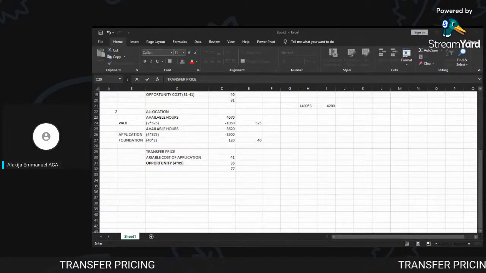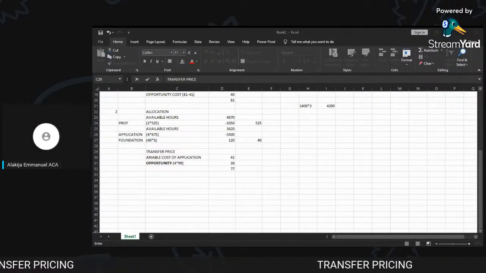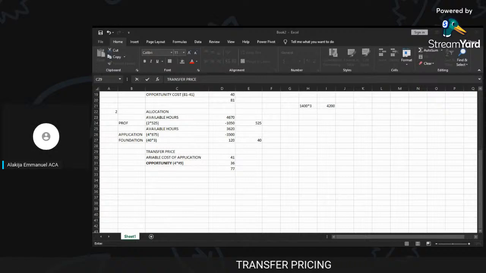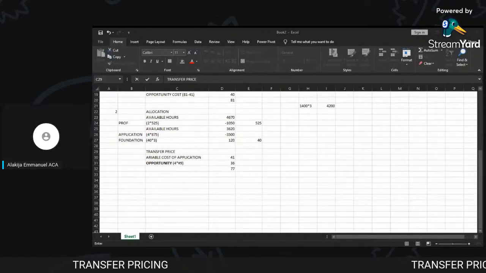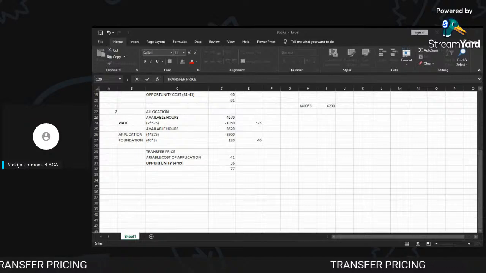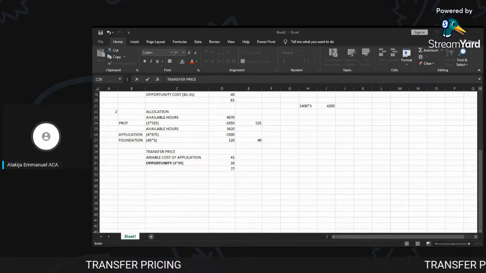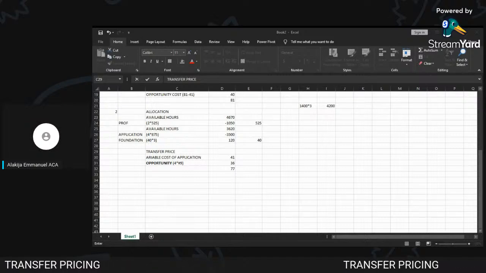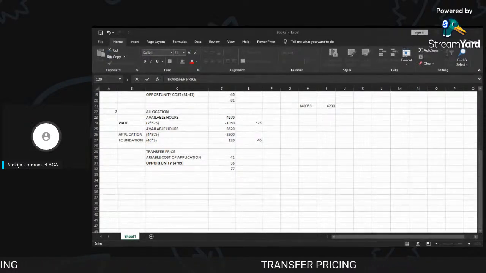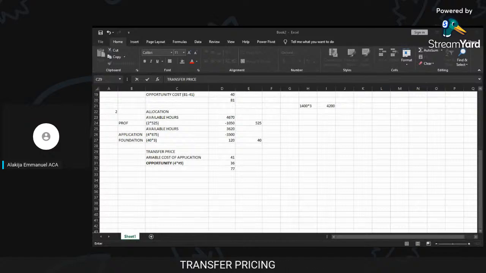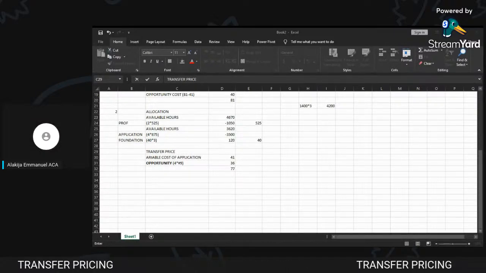This particular one is not in any way related to shadow price. Please don't get it wrong. Shadow price is just talking about the contribution you will get from adding additional unit of limiting factor. That is what shadow price is talking about. So we move on.